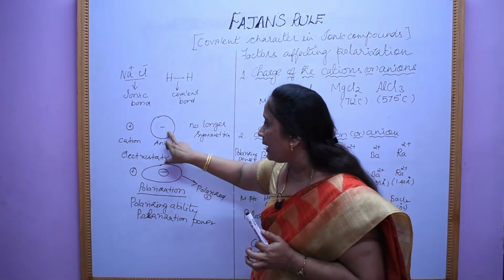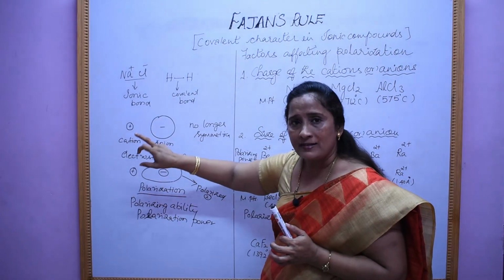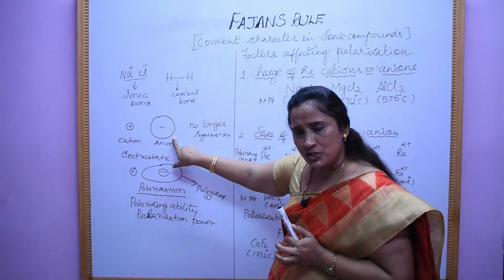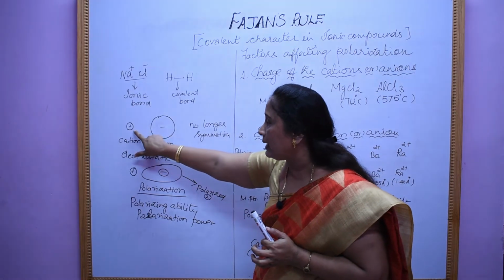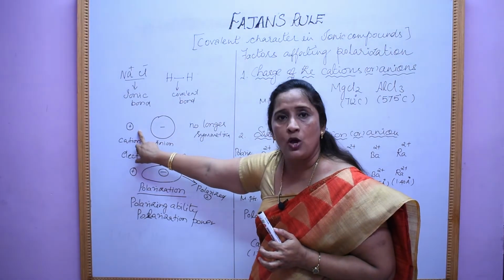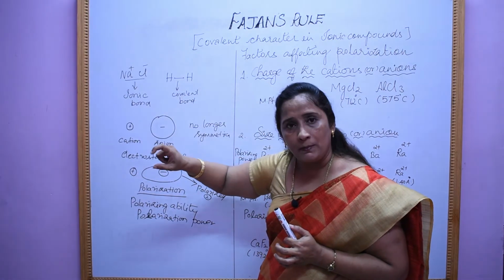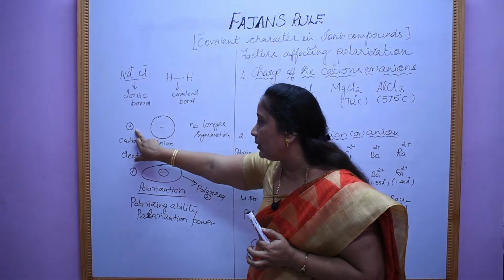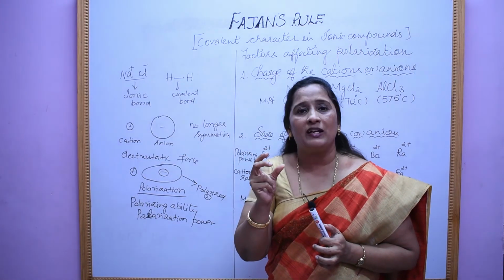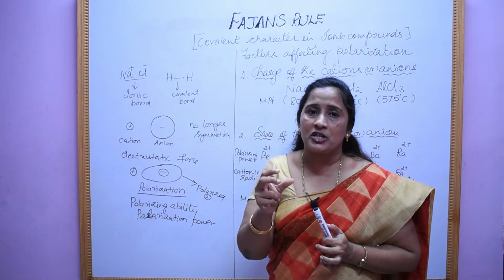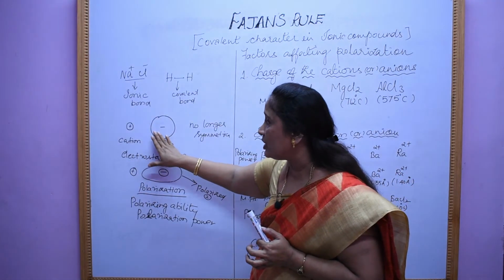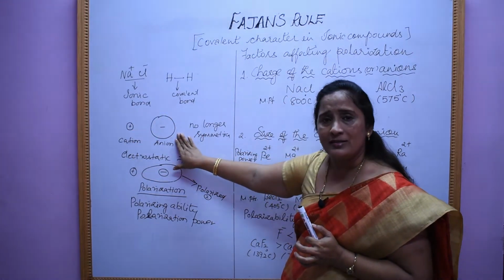There is a possibility that this cation can also be polarized by the anion, but in actual practice, although this happens, it is very meager, or we can say very negligible, because the cation is already very small in size. So you cannot get any distortion or bulging of this cation. Therefore, the polarization of the cation by the anion is negligible.